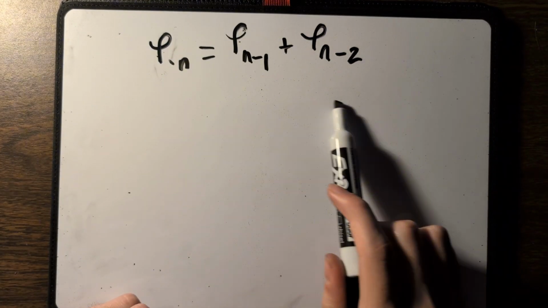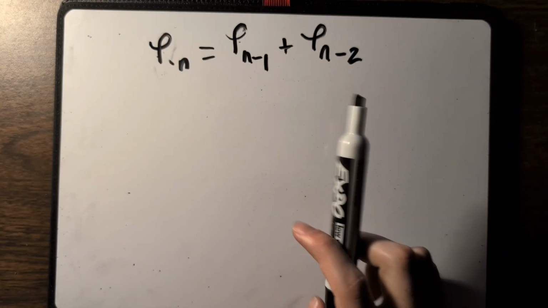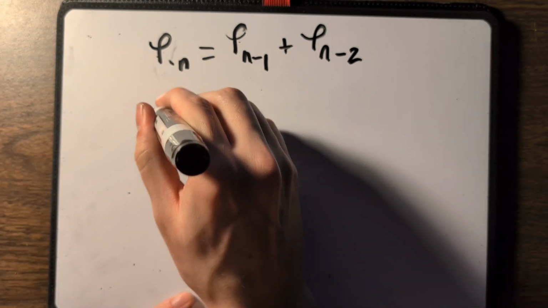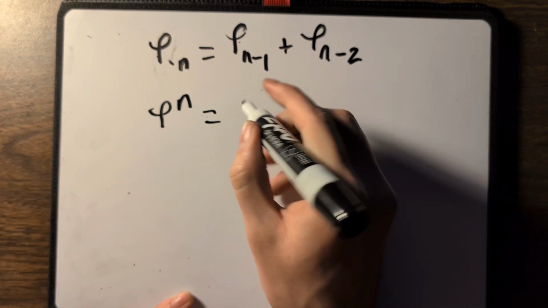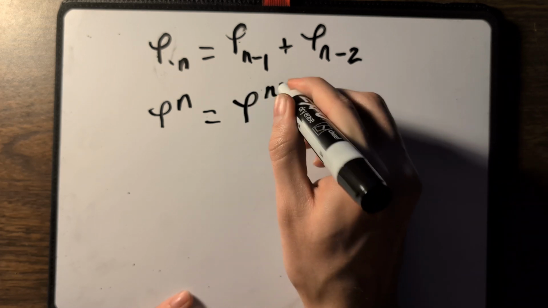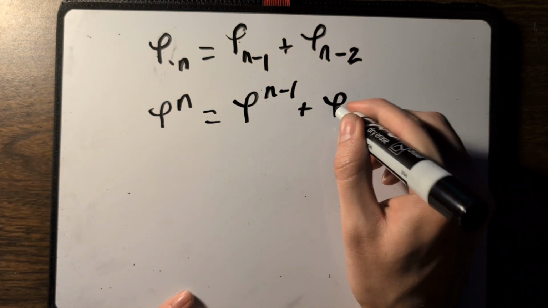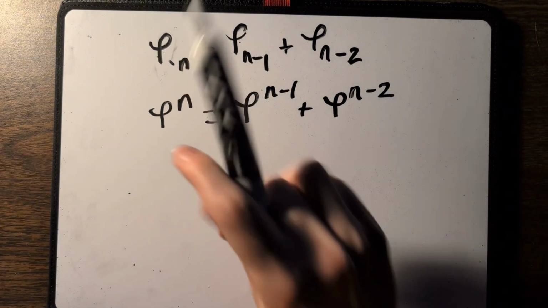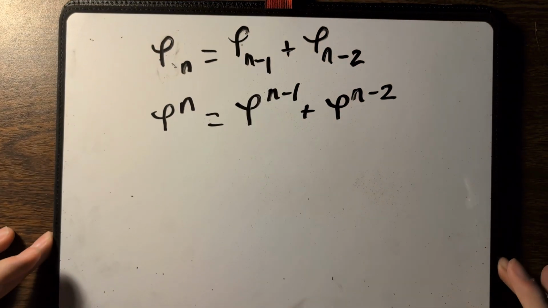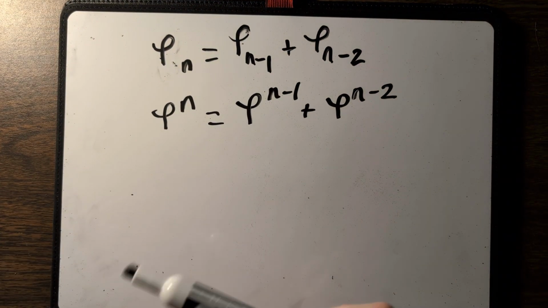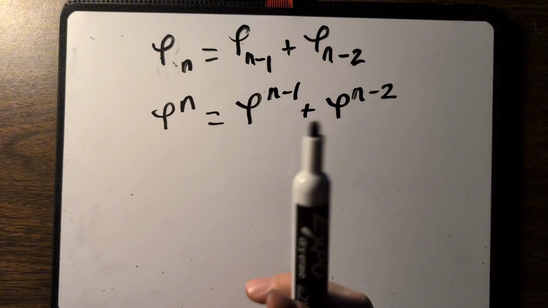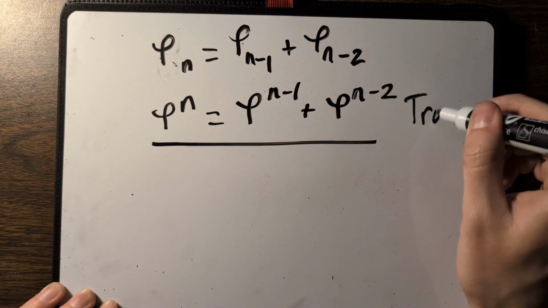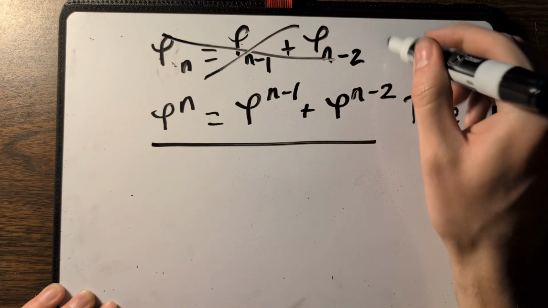That would imply that this is true, which is not true. I apologize. I did write the formula correctly, which is phi to the power n equals phi to the power n minus 1 plus phi to the power n minus 2. These are powers, not necessarily numbers in the sequence of the golden ratio. But what is true is that this formula is true. This one is false.